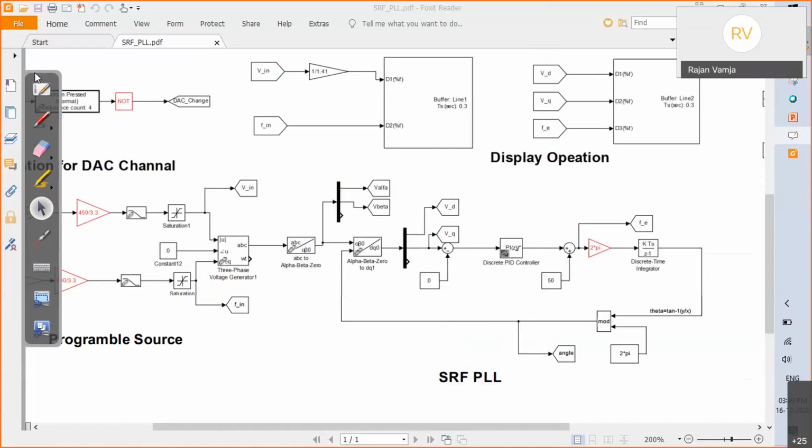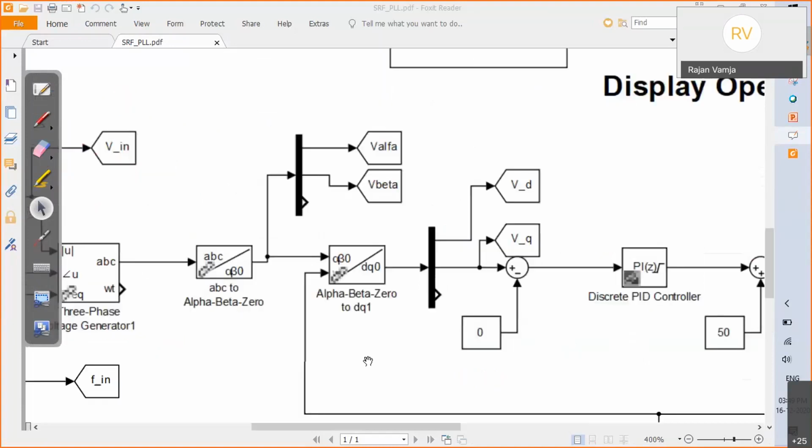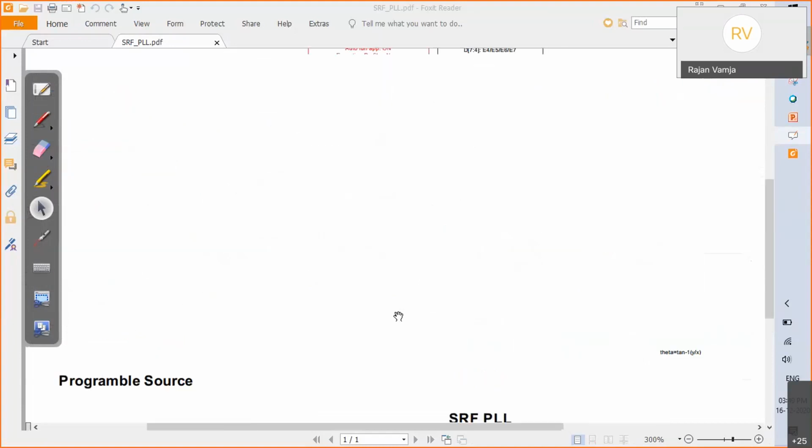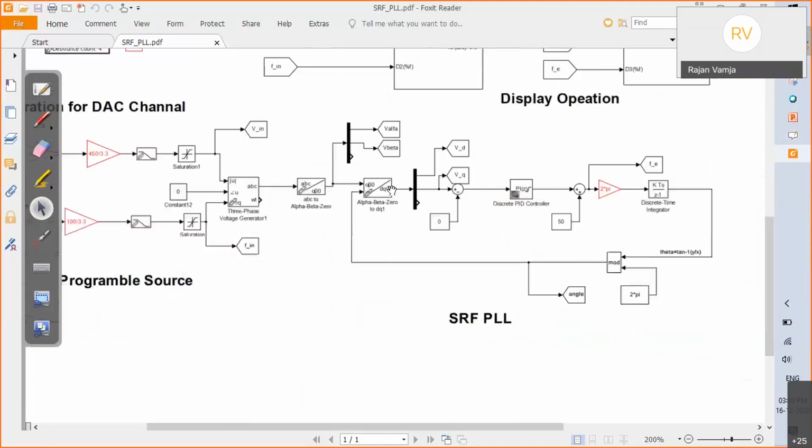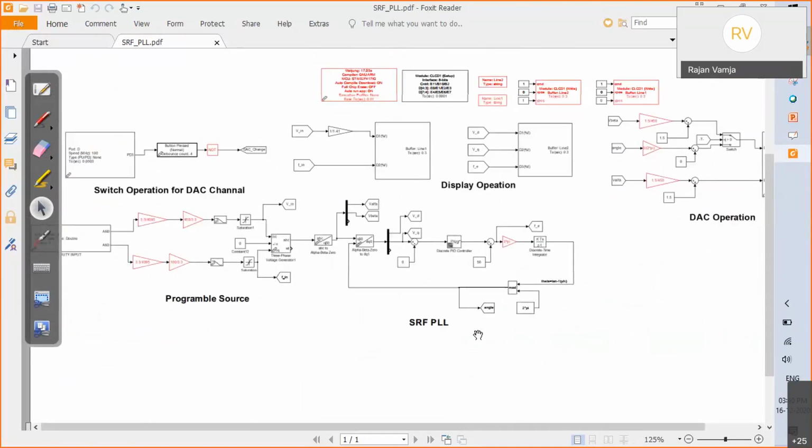So in the program, which is really very rich with different peripherals, we have already discussed this. So first we code.